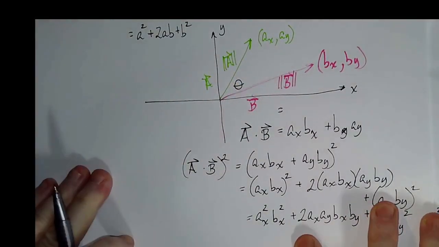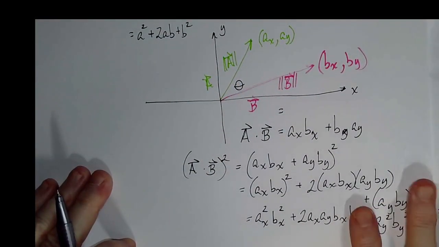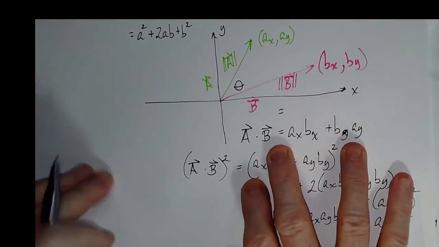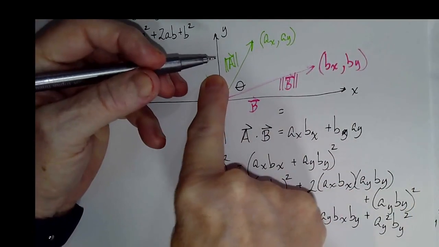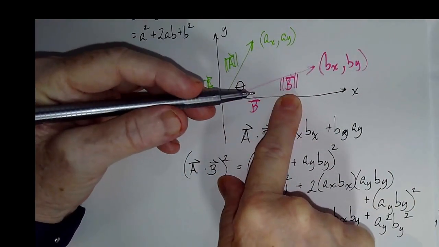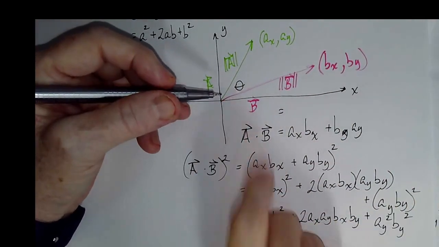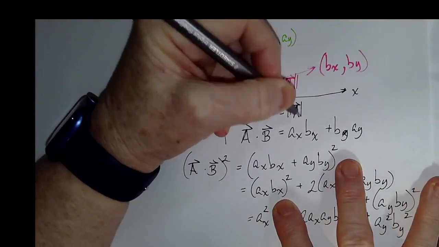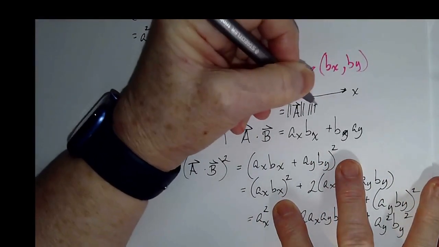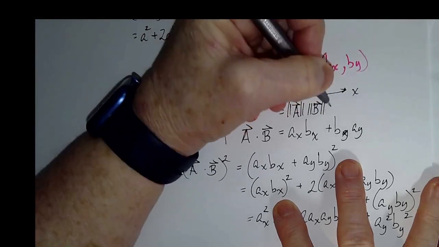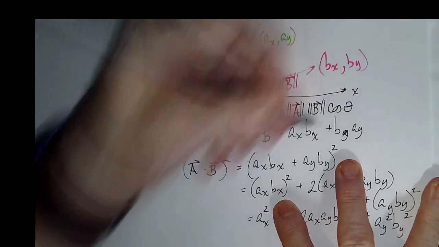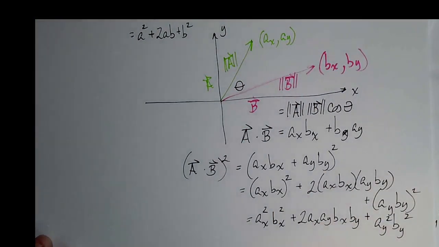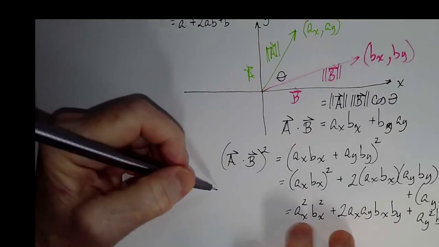One other thing, though, I remember that a different way to express the dot product is the magnitude of A times the magnitude of B times the cosine of the angle between them. Great. Oh, one other thing.